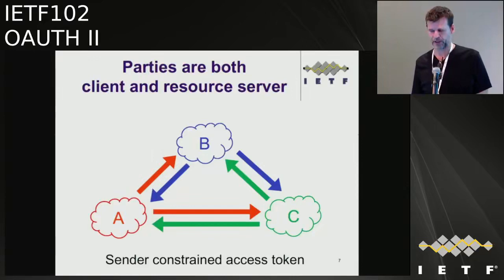And then there are the other examples where the parties are both a client and a resource server. In this one, you want a sender constrained access token, where the same access tokens are used, but you want to know that whoever's calling you is the holder of that access token. So the binding is more to the caller as opposed to the binding being to the resource.